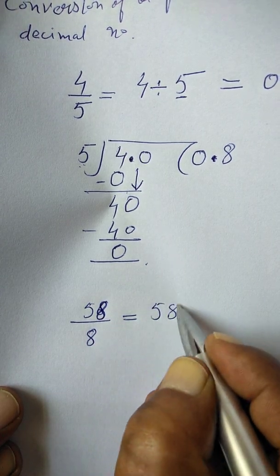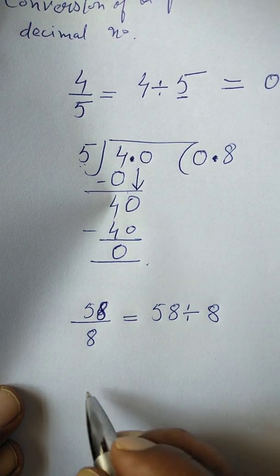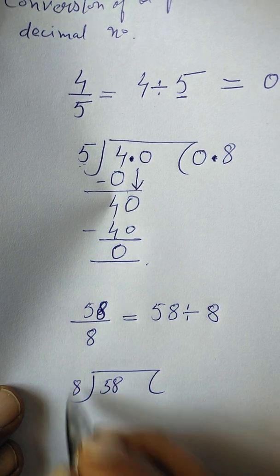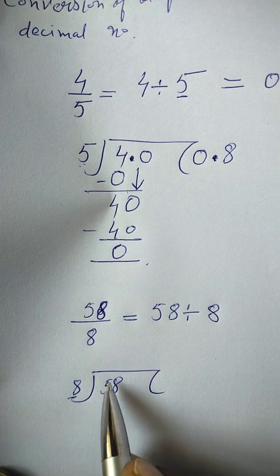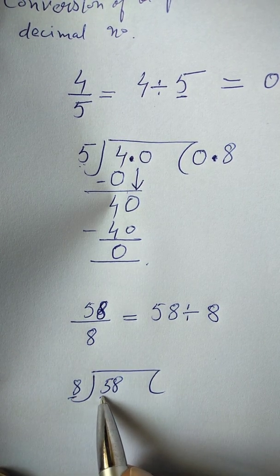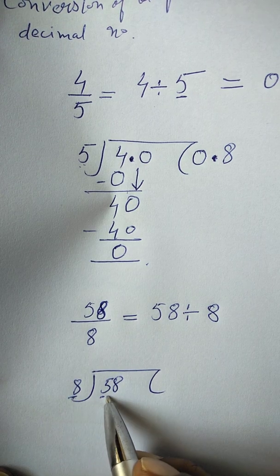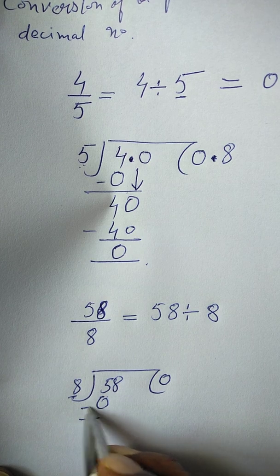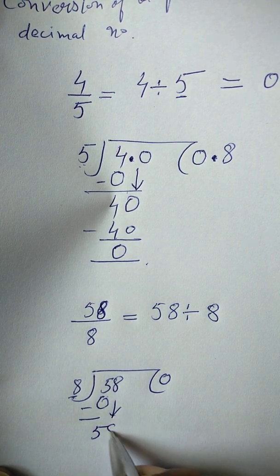That means 58 divided by 8. Now divide 58 by 8. In the divisor we have one digit, so you will take one digit from the dividend. In the table of 8, does 5 come or not? No. 8 zeros are 0. Subtract it, you will get 5. After that it is the turn of 8, down it.